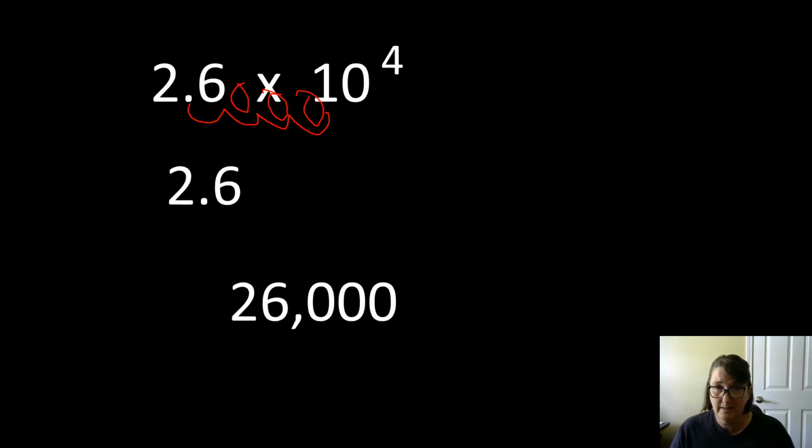I rewrite my number: 2.6, and I move my decimal point over 2, 3, 4. I put my comma in there. My answer is 26,000.